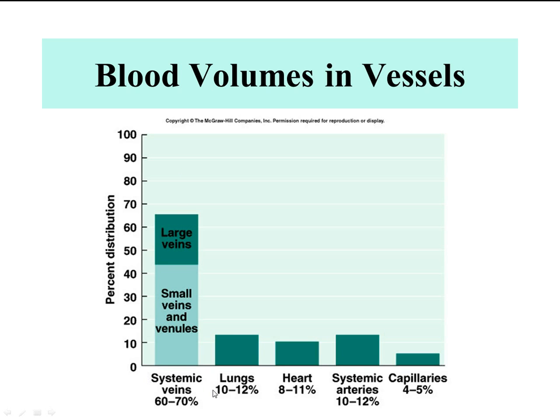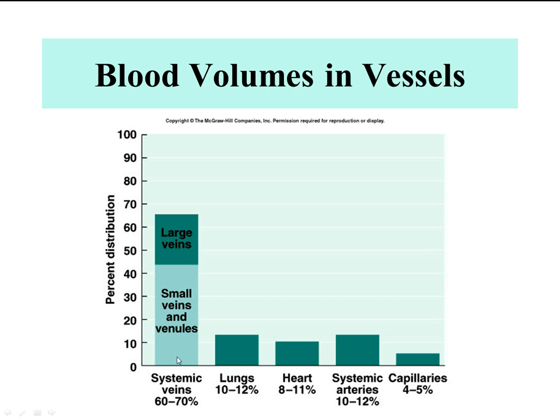Okay, so veins have 60 to 70% of the blood volume carried in them. The lungs only 10 to 12%, the heart 8 to 11%. Systemic arteries 10 to 12%. Capillaries 4 to 5%.